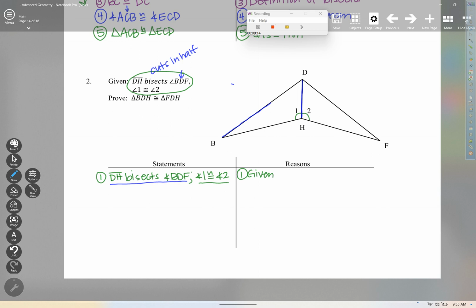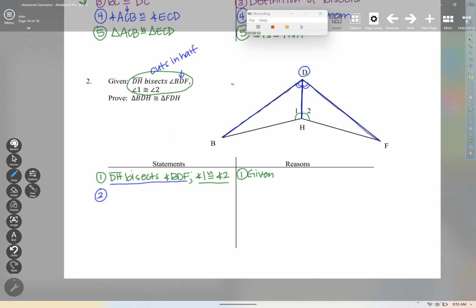Very similar to the top one, I can't just say that angle D is congruent to angle D, because then you're not identifying which side of the angle D is congruent to angle D. So step 2, with 3 letters, I would then say that angle BDH is congruent to angle, okay, I started at B, then I went to D, then I went to H. So I need to start at FDH, so angle FDH.